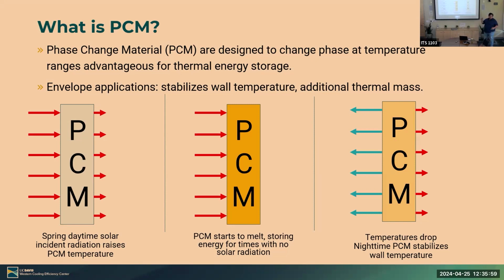As it melts, it'll absorb essentially all that heat flux up until the point where the sun goes down or the temperature of the wall goes down far enough. By the time the sun goes down, it'll either be fully melted or partially melted. At that point, interior temperatures of the house may drop and the PCM could discharge into the home, one, stabilizing wall temperature, and two, possibly reducing the amount of energy you need for your gas furnace.